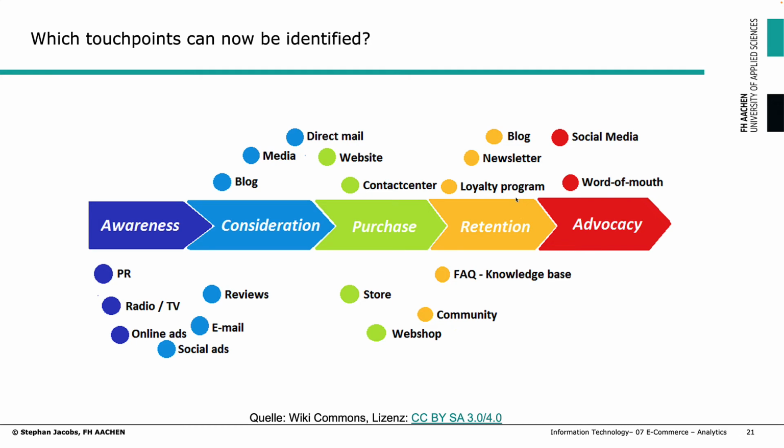Still, we face a problem that we only see one IP address and can connect touchpoints to IP addresses during certain sessions. So what we can see right now is sessions in different phases, and we cannot at the moment compose a complete customer journey out of it. So that's what we are looking for in the next chapter.